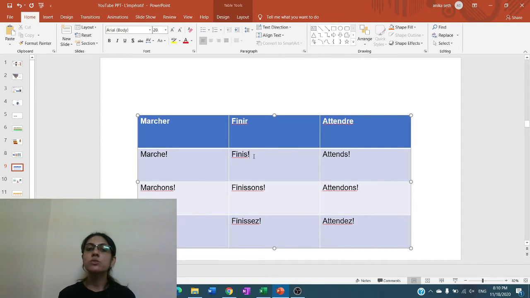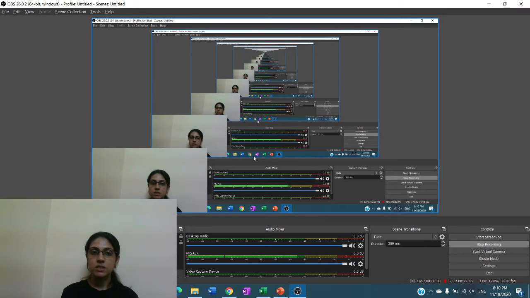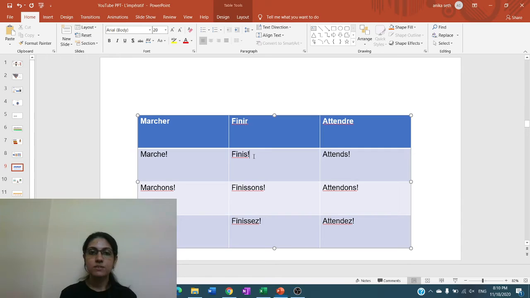So here the conjugation of the verb finis will come as it is, F-I-N-I-S with an exclamation mark. Then with nous, it is finissons. Remove nous, put the exclamation mark: finissons. And vous finissez, remove vous, put an exclamation mark, it becomes finissez simply. So finis, finissons, finissez.